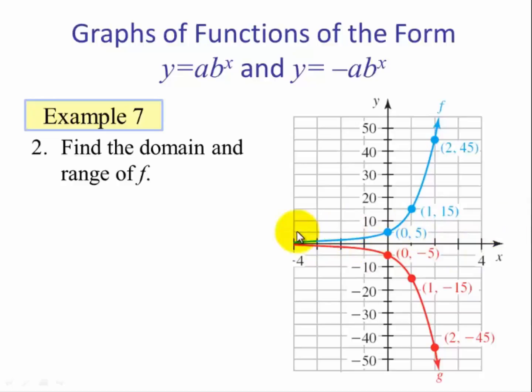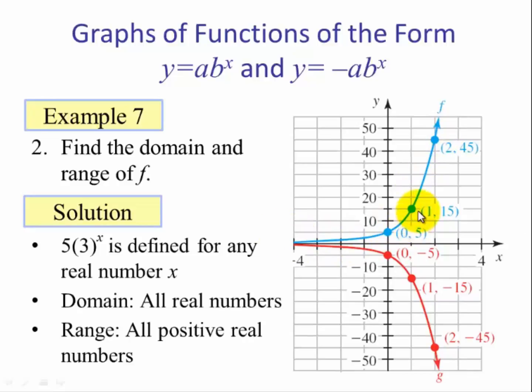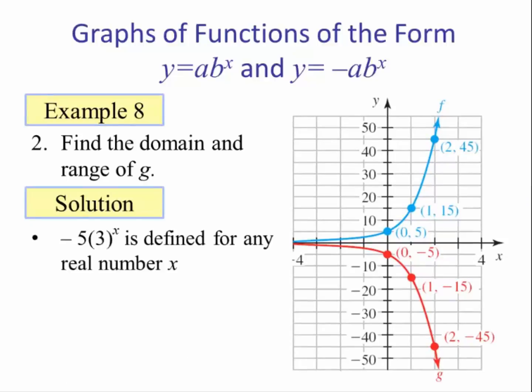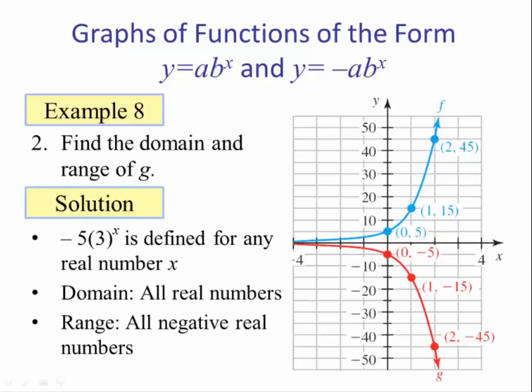So the domain of f would be all real numbers, and the range of f is all positive real numbers. Now the domain for g, again, is all real numbers. Every x has a spot on this red graph, but the range is all negative y values, because this graph is only in quadrants 3 and 4.